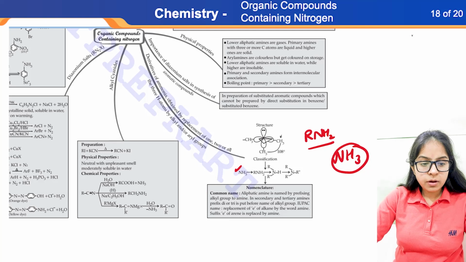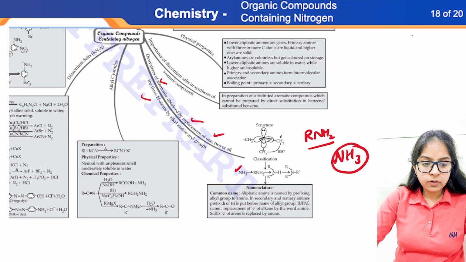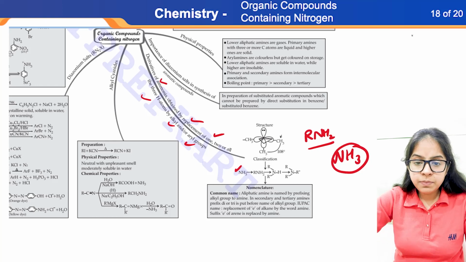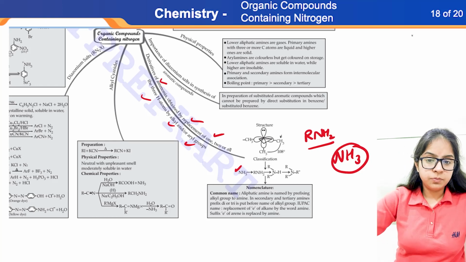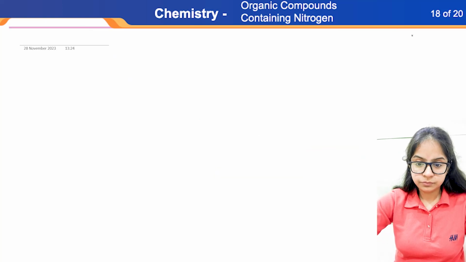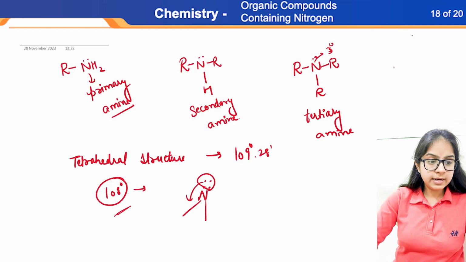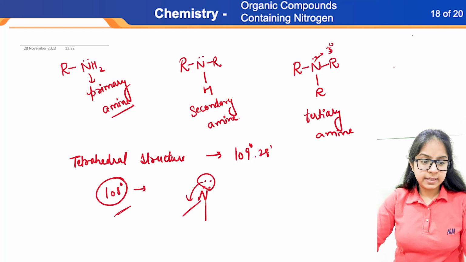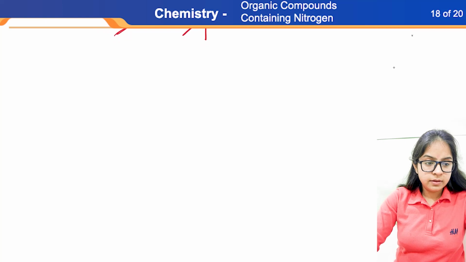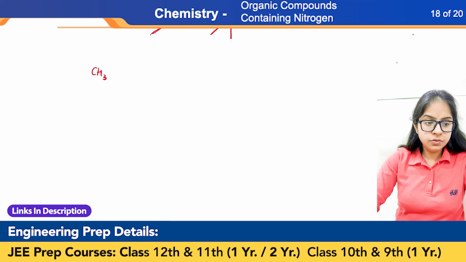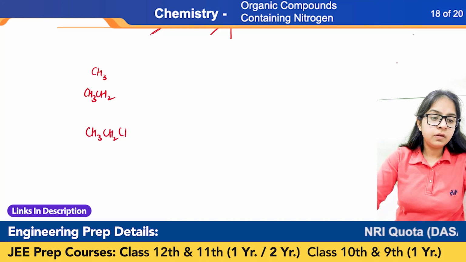Amines are derivatives of ammonia obtained by the replacement of one, two, or all three hydrogen atoms by an alkyl or aryl group. This is our alkyl group. Alkyl is like CH3, CH3CH2, CH3CH2CH2.